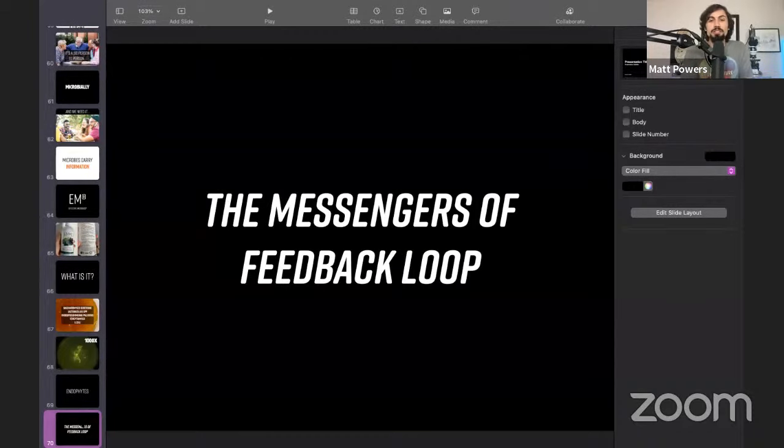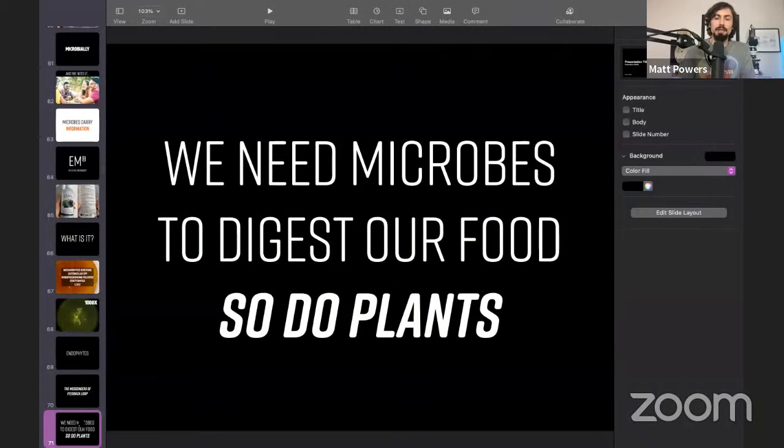And so they're actually messengers. They're inside the plants, they're inside decomposition, they're inside the soil. And so they're these messengers of the environment itself. And we need these microbes to digest our food, and so do our plants. Let me say that again. We need microbes to digest our food, and so do plants.